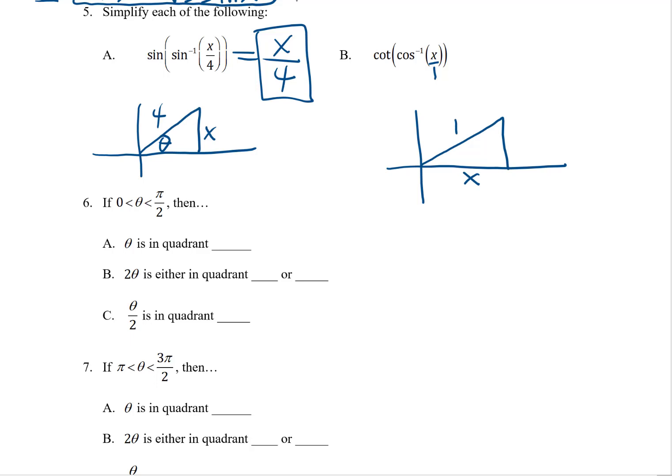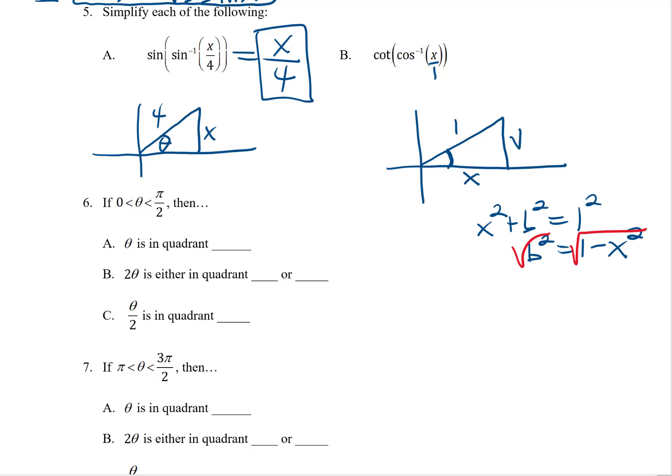I can get the cotangent ratio for this angle by simply finding that missing side. I would have x squared plus b squared equals 1 squared. I'm solving for b. That's the side I don't know. B squared equals 1 minus x squared, and then square root both pieces. I don't need a plus or minus in the first quadrant.